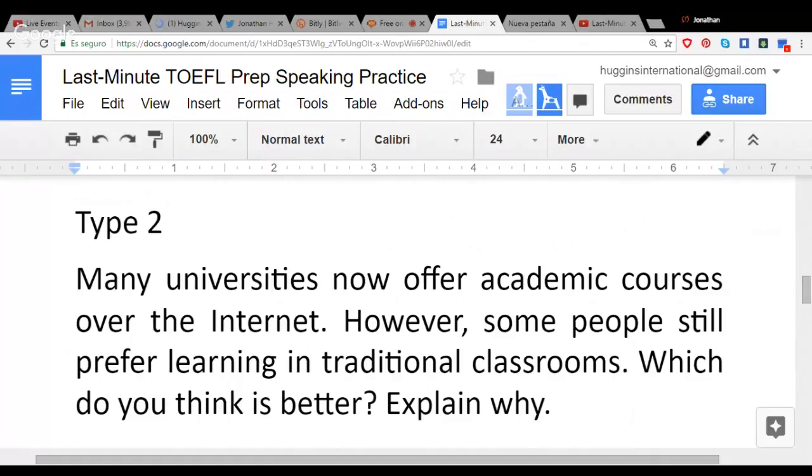Okay, so I'm going to look at this question here, and I'll give myself, again, 15 seconds to think about this. Many universities now offer academic courses over the internet. However, some people still prefer learning in traditional classrooms. Which do you think is better? Explain why. I'm a little biased because I'm an online teacher, but okay, 15 seconds.